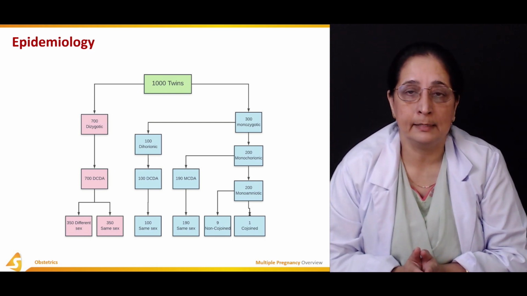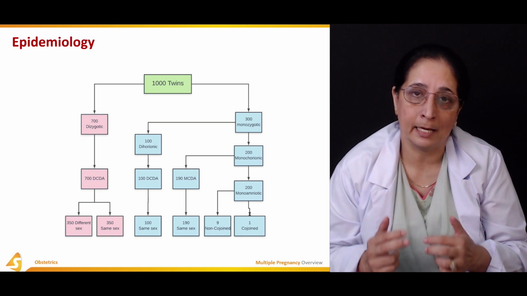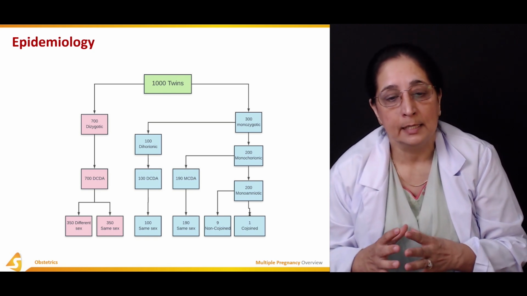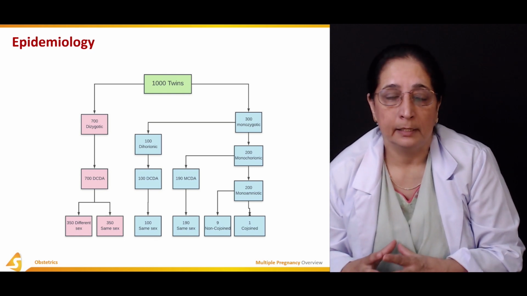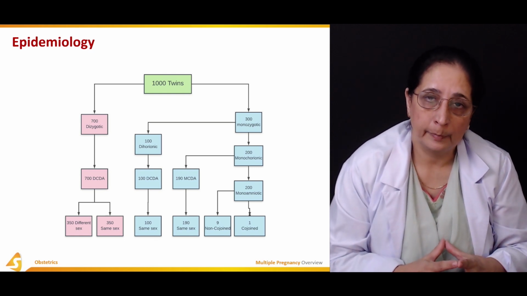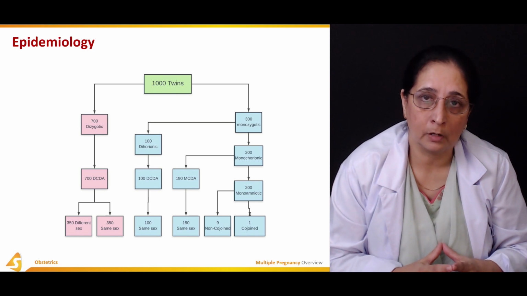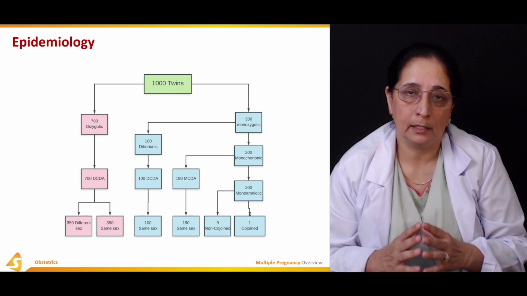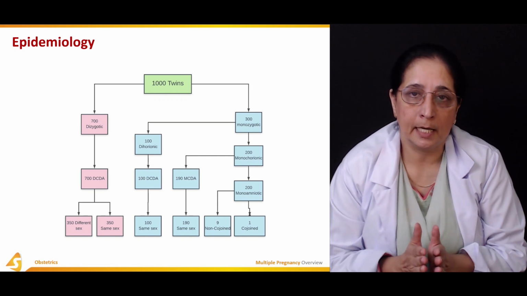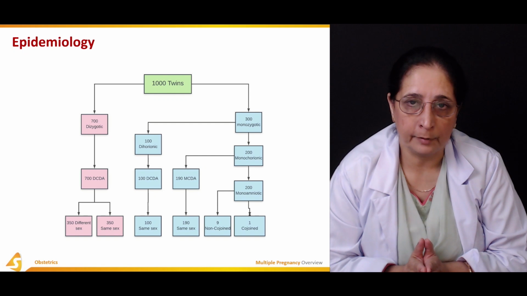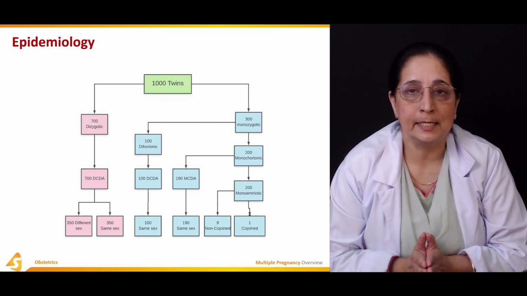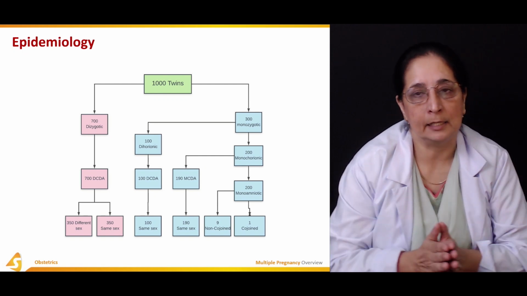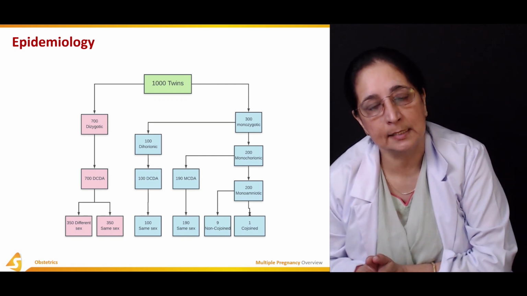Out of 700 dizygotic, all 700 will be dichorionic, diamniotic. They will have two placentas or chorions, and two amniotic sacs. Out of these 700, 350 will be the same sex and 350 will be different sex.